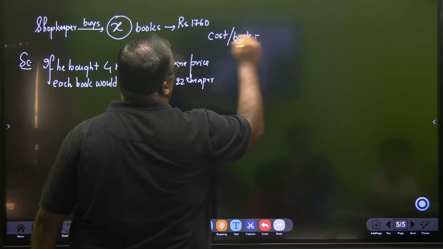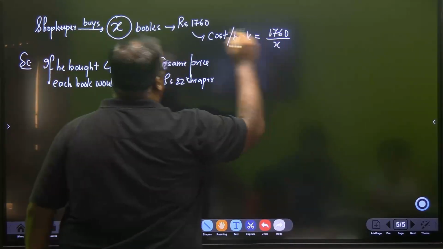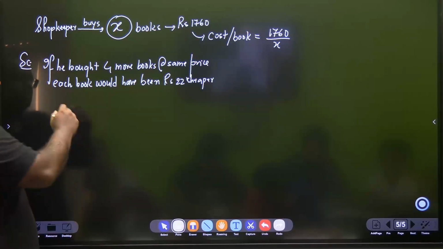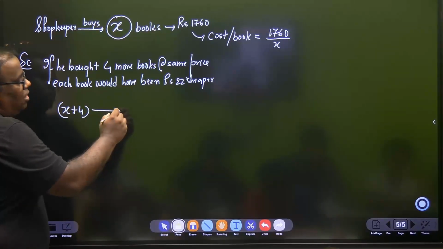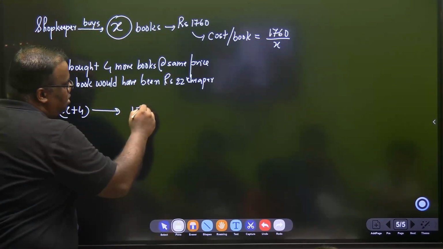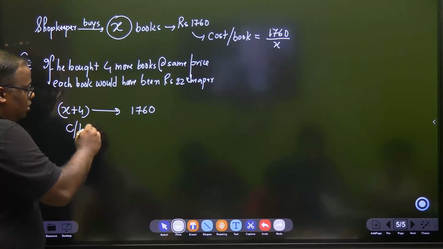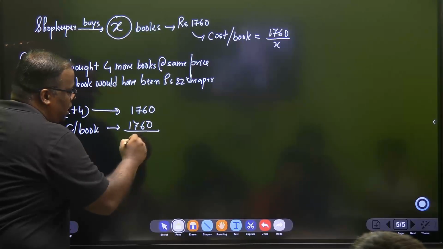What is the cost per book in the first scenario? 1760 divided by X. He bought X number of books. Now, how many books has he bought? X plus 4. How much money did you pay? You paid 1760 only. Now, what is your cost per book? Your cost per book is 1760 divided by X plus 4.